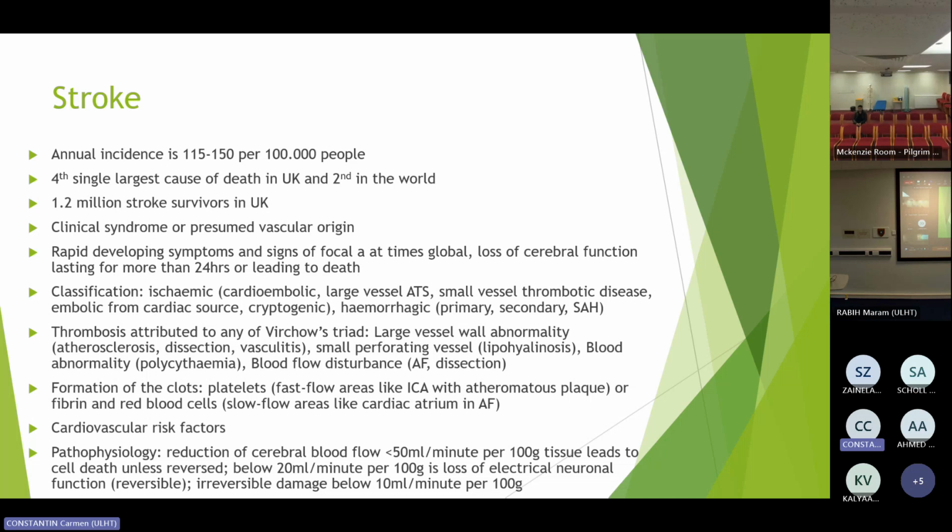Also below 20 mL per minute per 100 gram, it's implying loss of electrical function, which is reversible, and irreversible damage below 10 mL per minute per 100 gram is equal to necrosis, so cell death.